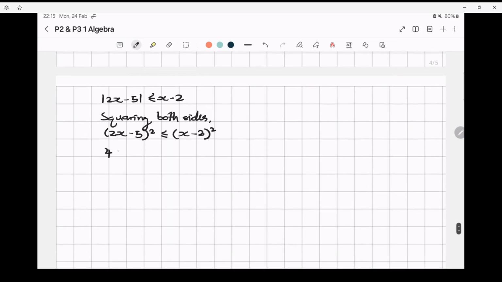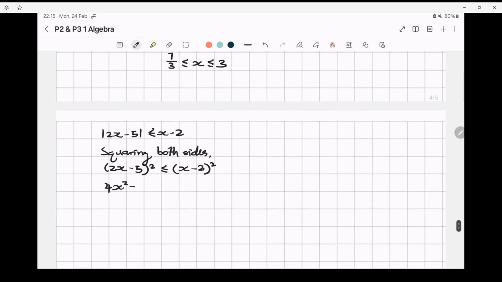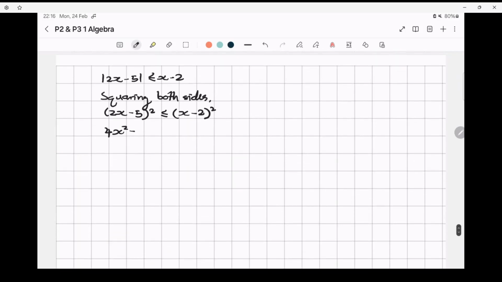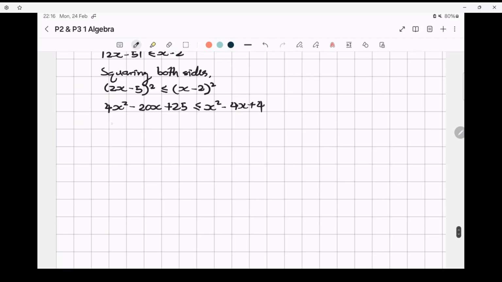Then you have 4x square minus 20x plus 25 smaller or equals to x square minus 4x plus 4. So you simplify everything, you get 3x square minus 16x plus 21, and factorize it. I've done this beforehand, so I know what the factors are.